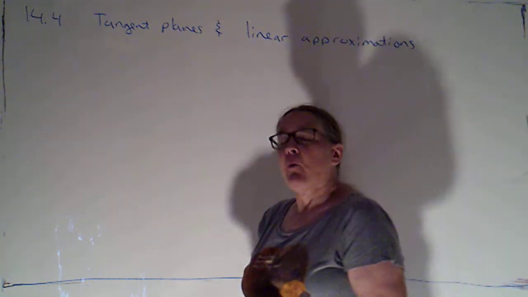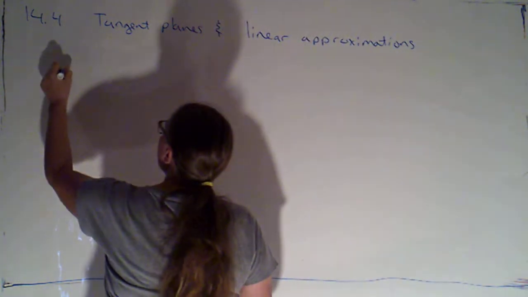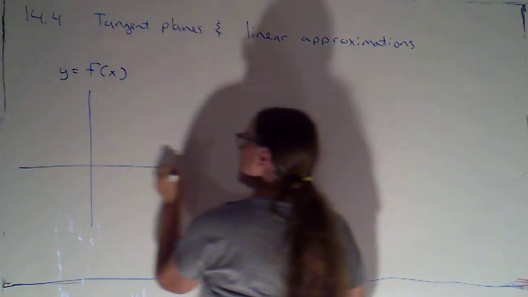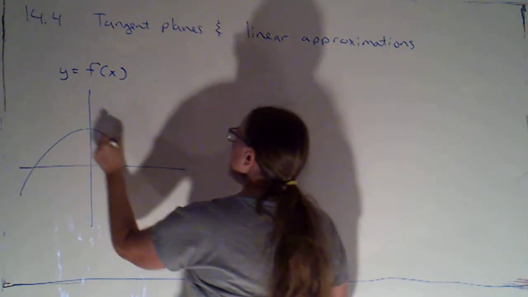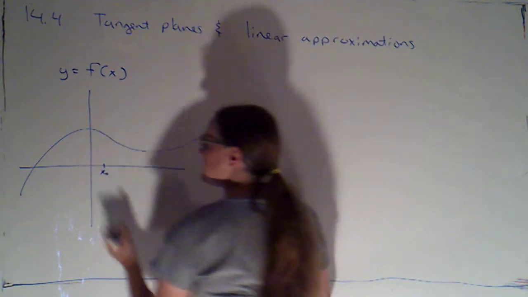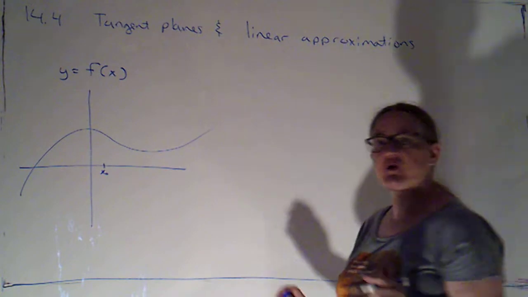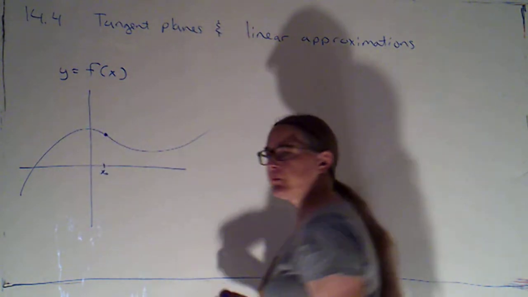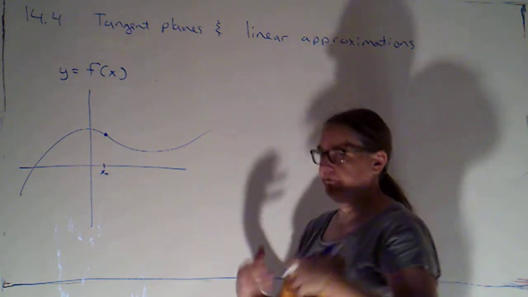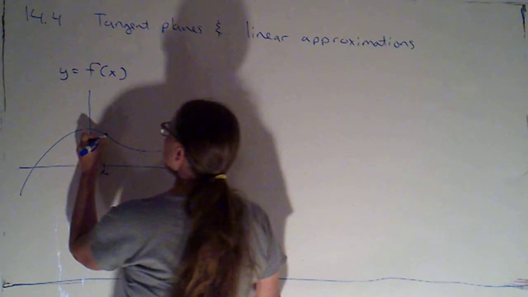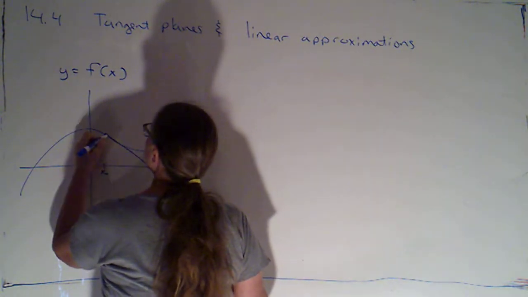Okay. I want to just remind you that if I have y equals f of x, just a real valued function of one variable, what it means for that function to be differentiable at a point. So if I have an x value, x naught in the domain, the function's going to be differentiable at that point if the derivative exists. But of course the derivative is just the slope of the tangent line.